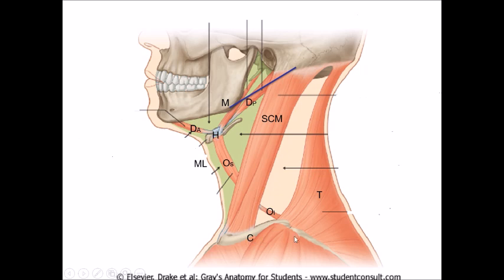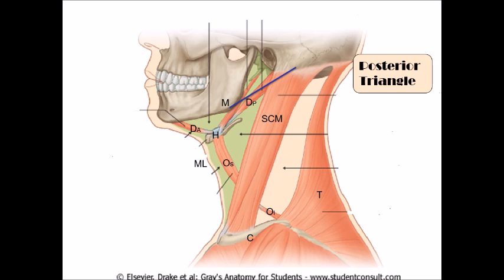And four muscles: the trapezius, the sternocleidomastoid, the omohyoid with its superior and inferior bellies, and the digastric muscle with its anterior and posterior bellies. So this is what you are supposed to remember. And if you remember this, now you can discuss the triangles.